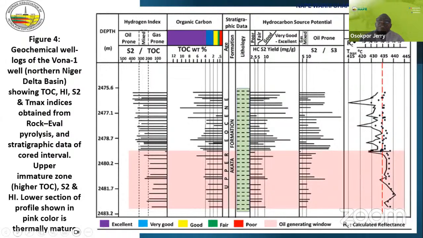If you look at the fifth column, you see that for oil proneness, the upper part of the well had better oil proneness. They have better liquid hydrocarbon. While if you go to the last column, you see that they are not actually matured, but they have more potential, but they're not matured, while the ones that are matured have lower potentials. Next slide.